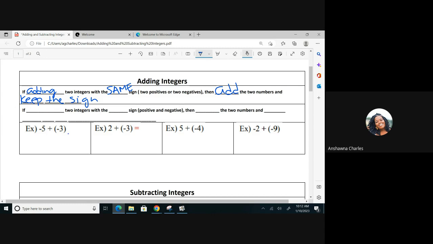So if you have 2 positives, add them together, keep the sign. If you have 2 negatives, add them together, keep the sign. Okay?